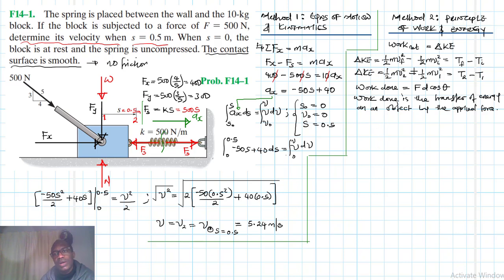Alright, so in our case here, the net work is just equal to the summation of the total work in our system. So we can say the summation of the total work from 1 to 2.